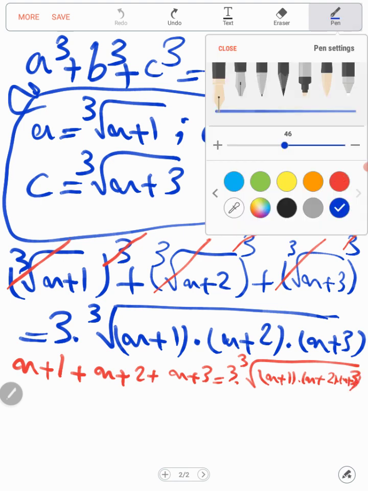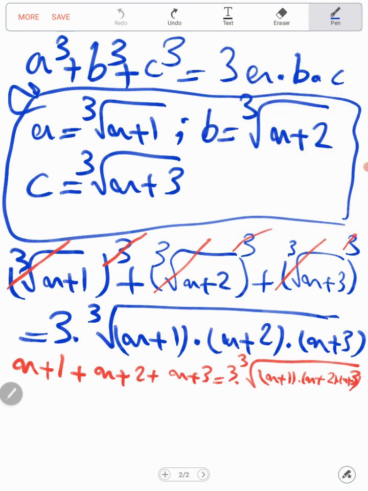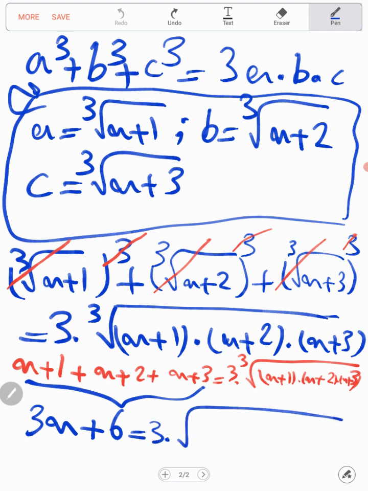Okay, it's better to simplify this part of the equation again. The sum of these terms is equal to 3x plus 6, which is equal to 3 times the cube root of these variables.